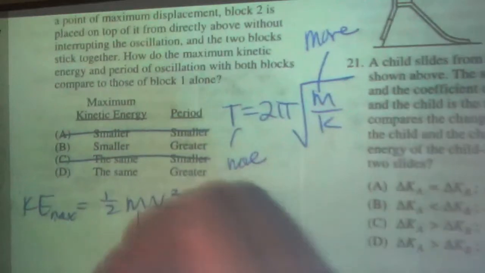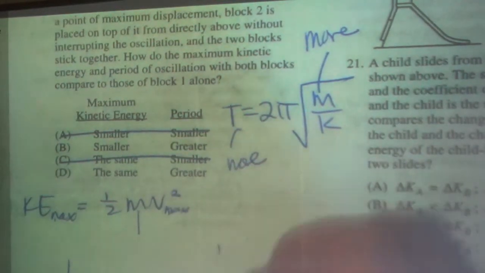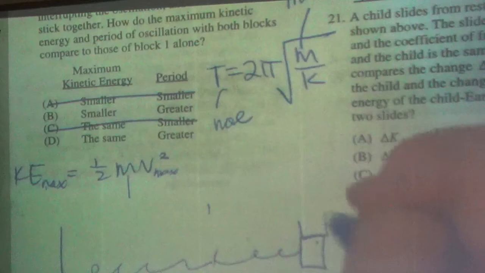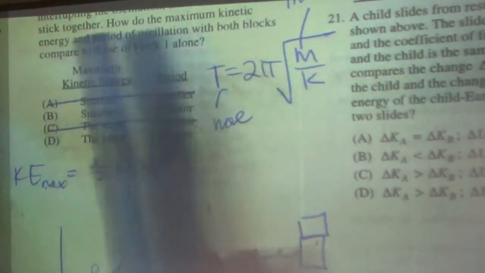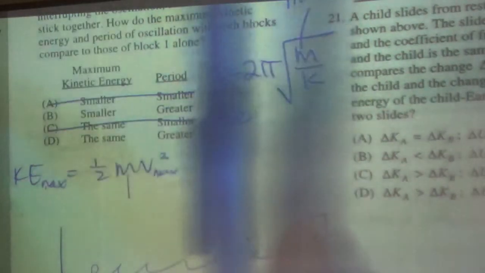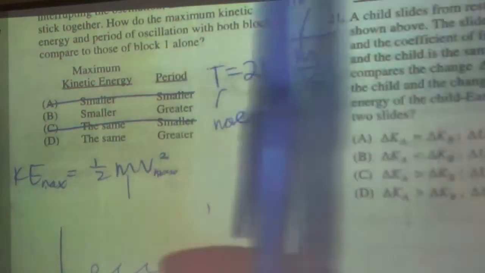But let's think about if this is the spring, if this is equilibrium, and it got stretched out to its maximum point right here, and I added a second mass on top, it's still holding the same spring energy as before. When that spring energy is transferred into kinetic energy, now it's dividing the same amount of energy over both masses, so it'd actually be going smaller.